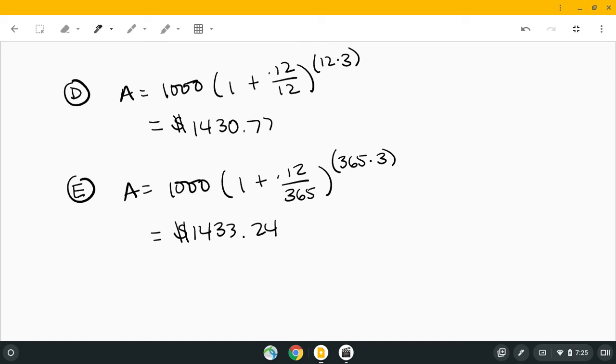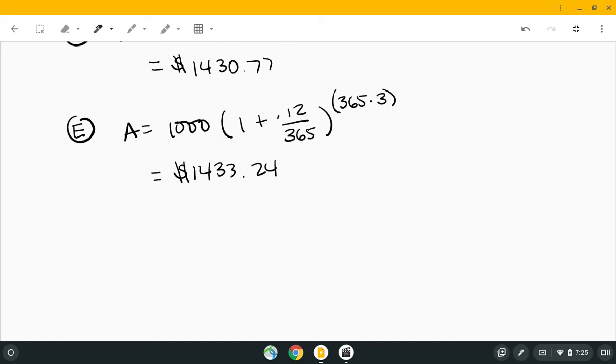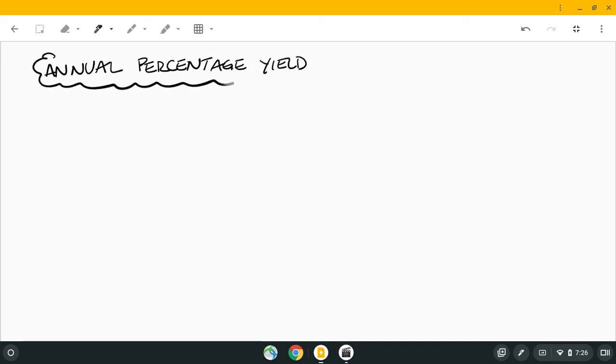The other topic that we need to cover here is annual percentage yield. Let's talk about what that means. This might be the first time for many of you. That's also known as APY.